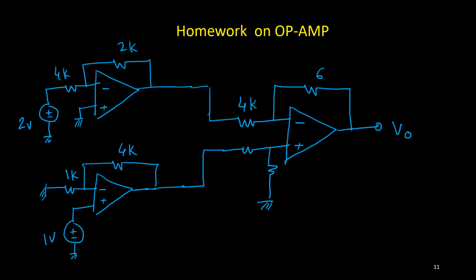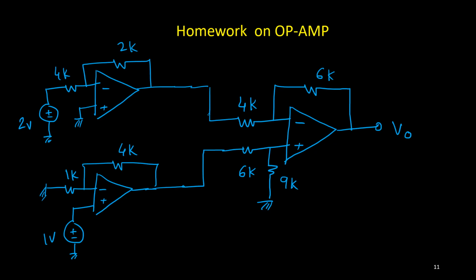It is 6K. This is your 6K. And it is suppose 9K. Right? Now can you find out this output voltage V0?